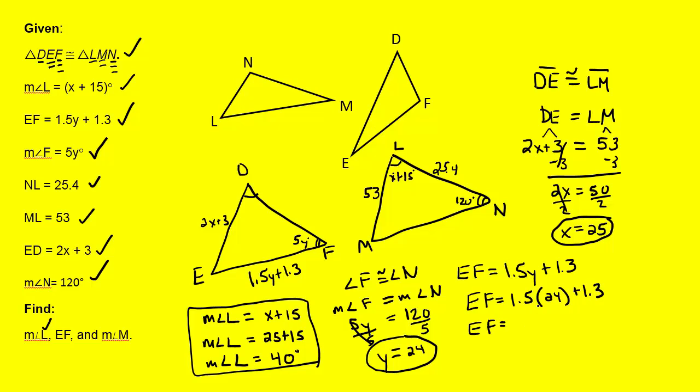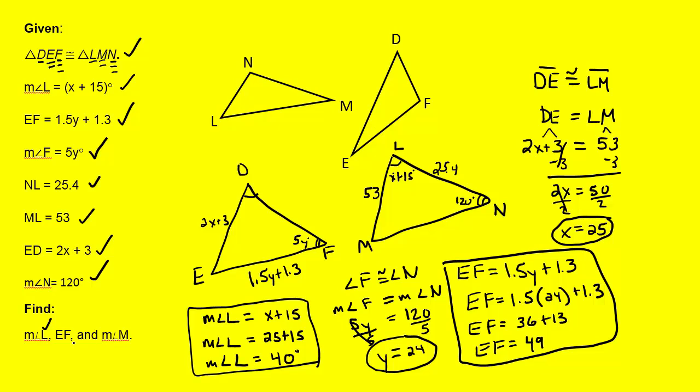When we multiply this out, 1.5 times 24, I get 36, plus 13, and then we get EF equals 49. We were trying to find EF, so this represents another solution. I'm going to put a check here: I found the distance from E to F is 49.